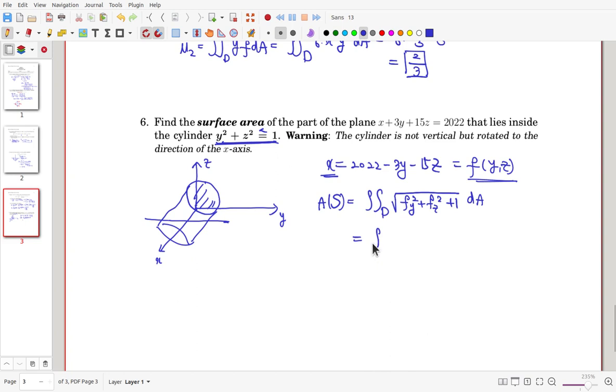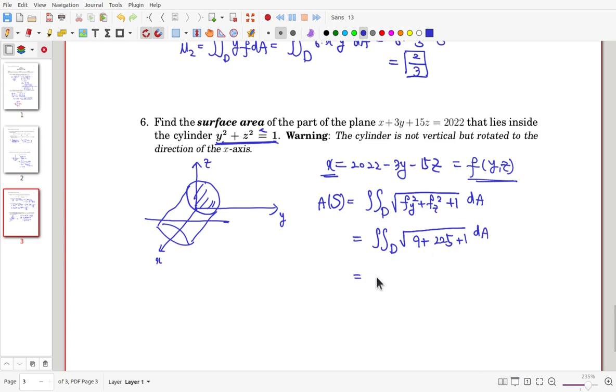So it's a simple integral over D. The y derivative is minus 3, so that is 9, and the z derivative is minus 15, so 15 squared is 225, right? Now plus 1, right? dA.